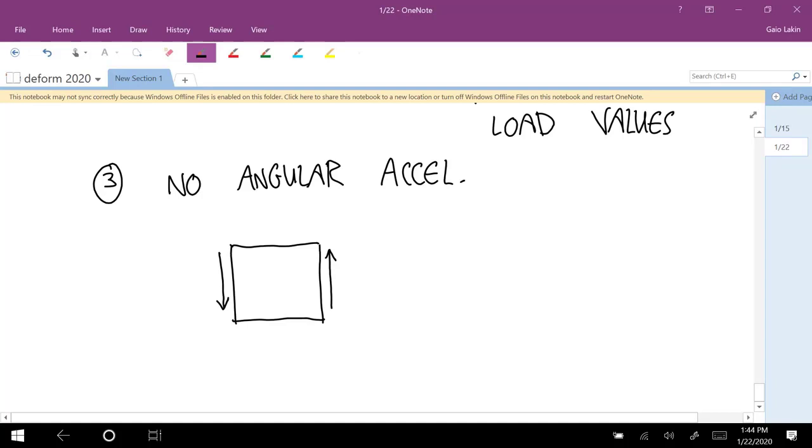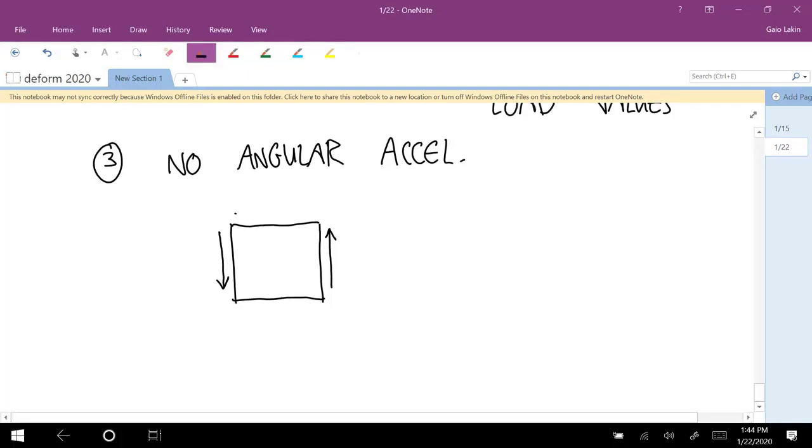But that would be producing an angular acceleration, right? And the only way to not have an angular acceleration is to have a force going that way that's the same magnitude as these two. And equal and opposite says that that one has to be opposite. Okay.